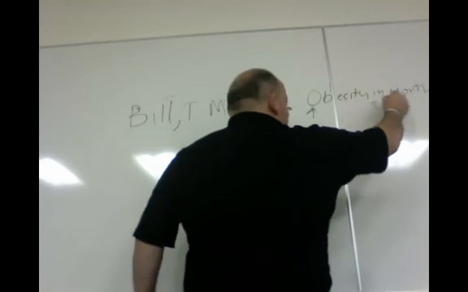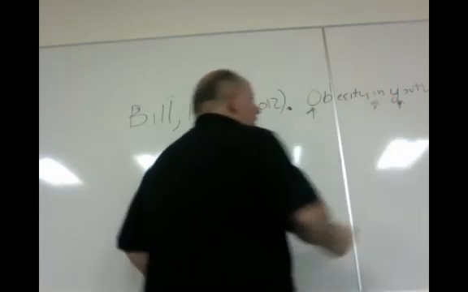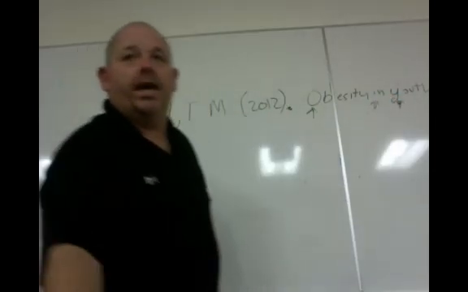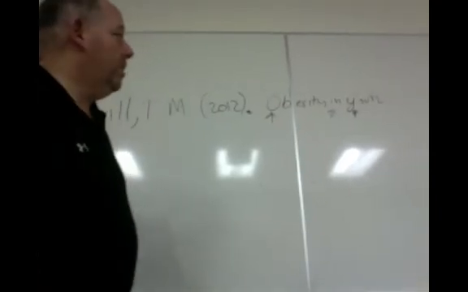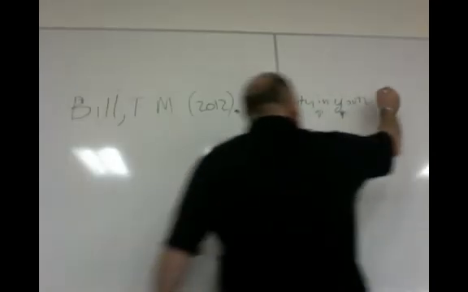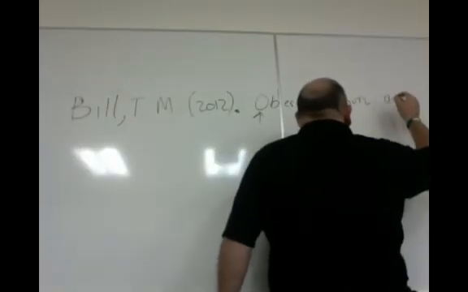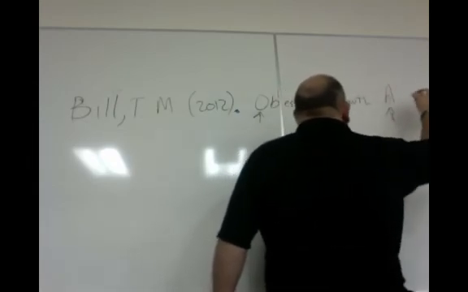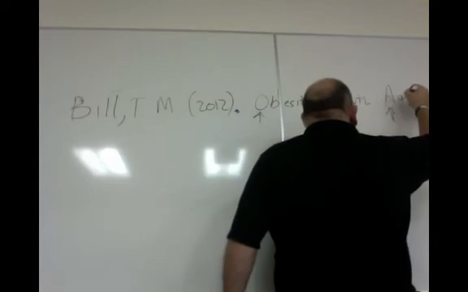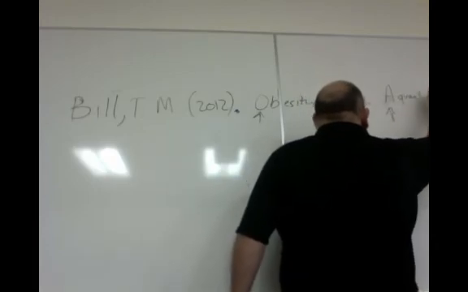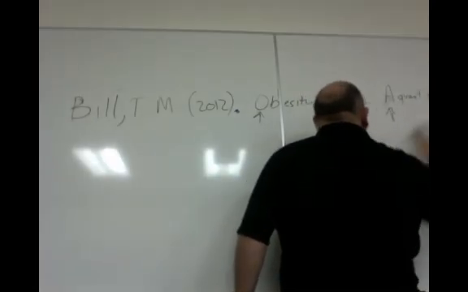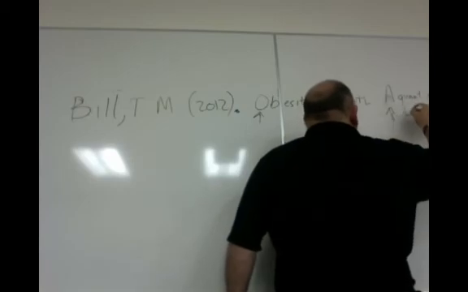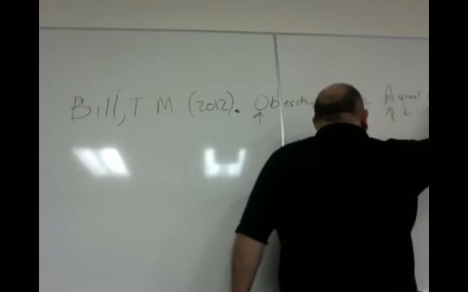Every other letter beyond that is lowercase. So let's say it's obesity in youth. And your next portion of the line goes colon, A, oops, I did it wrong. A, that's a cap. We're going to put quant study. That's a small, and this is a small.